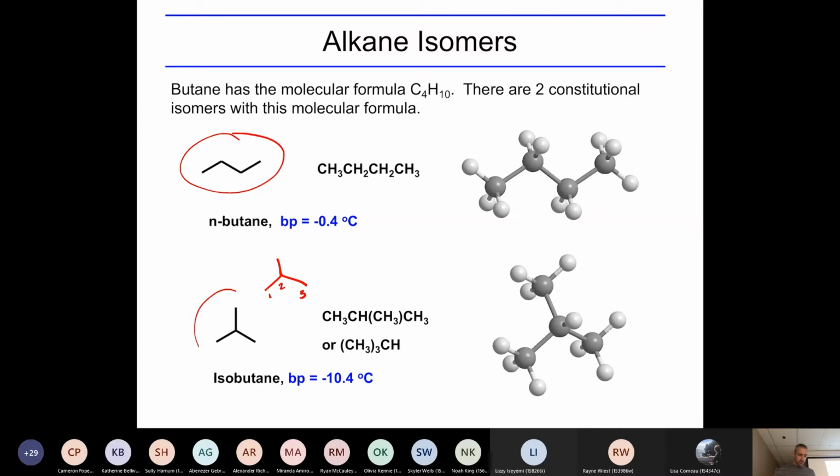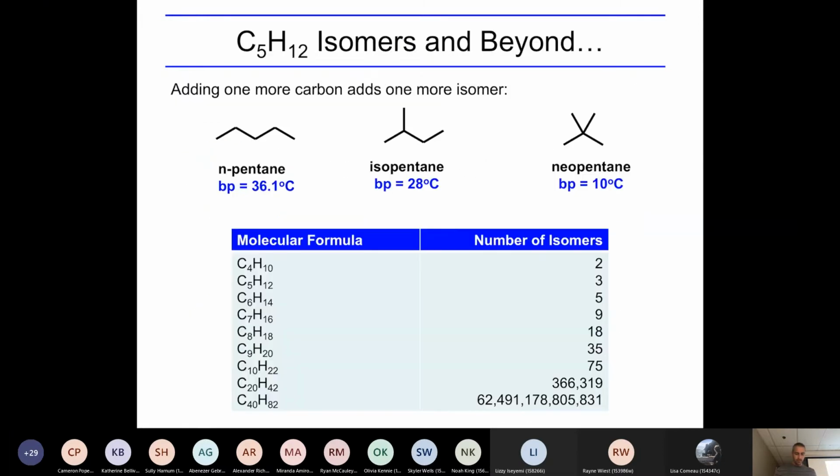So this is called isobutane. That's not an IUPAC name. It's not a systematic name. It's just what people often call it. These 2 compounds have different chemical properties and different physical properties, different boiling points, different strength of intermolecular forces, and so on, where N-butane has a higher boiling point. And we'll talk about why that is in just a minute.